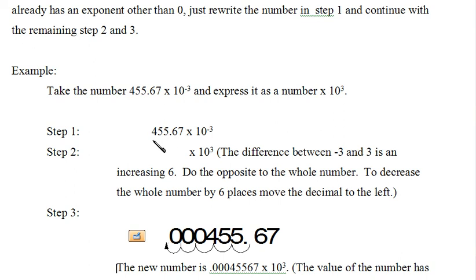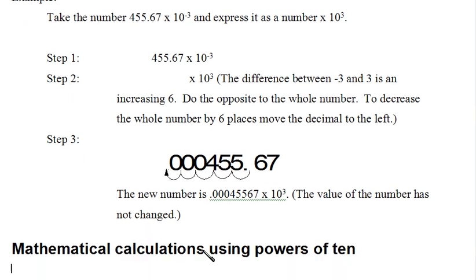I have to move this over 6 places. So there's 1, 2, 3, 4, 5, 6. So I have to add 3 zeros in front of it. So the new number is going to be 0.0004556 times 10 to the third. It's still the same value of number, it's just expressed a different way.